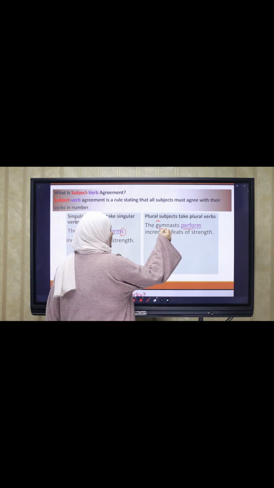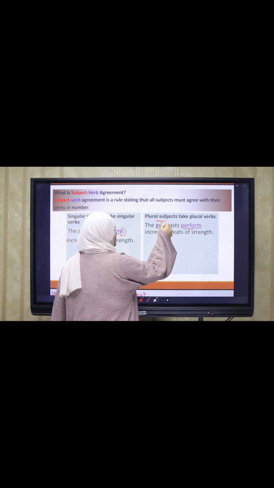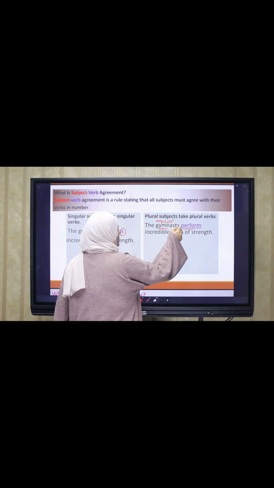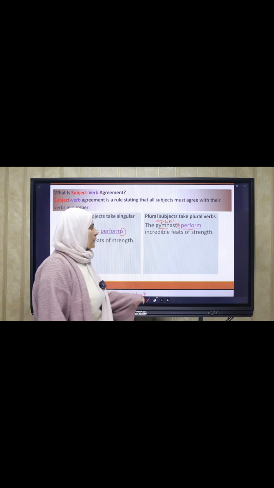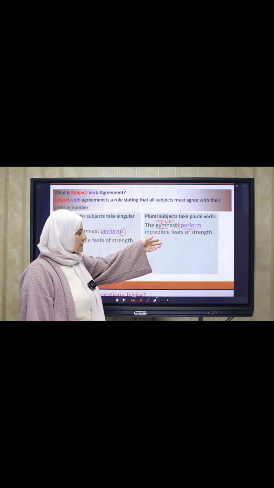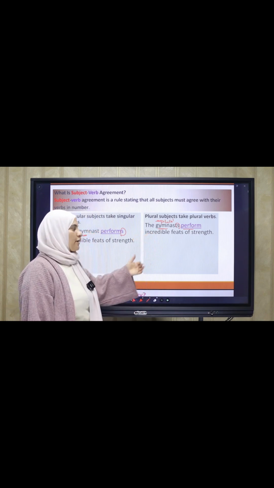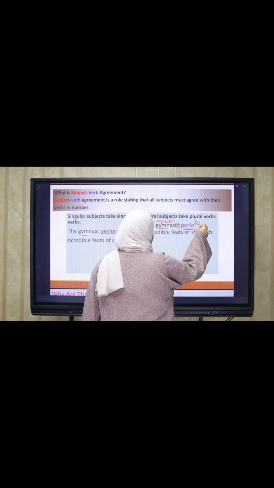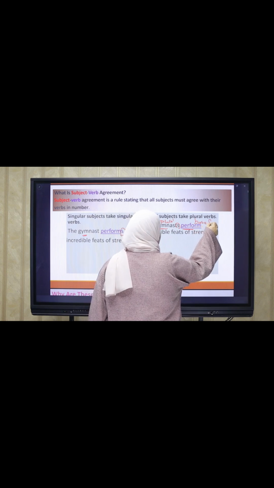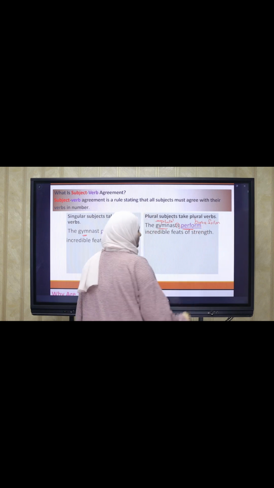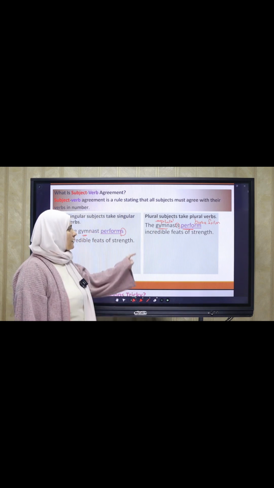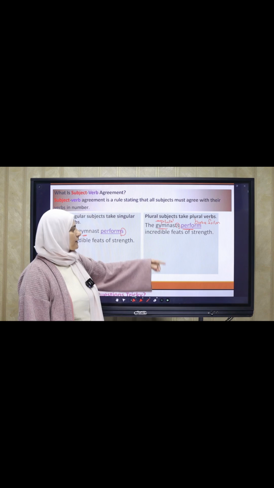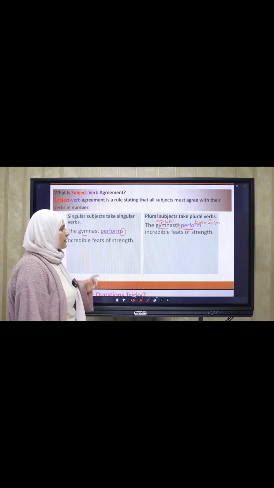Okay, this is a plural subject, so it should take a plural verb form. This is perform, the base form of the verb. Okay. The gymnasts perform incredible feats of strength.